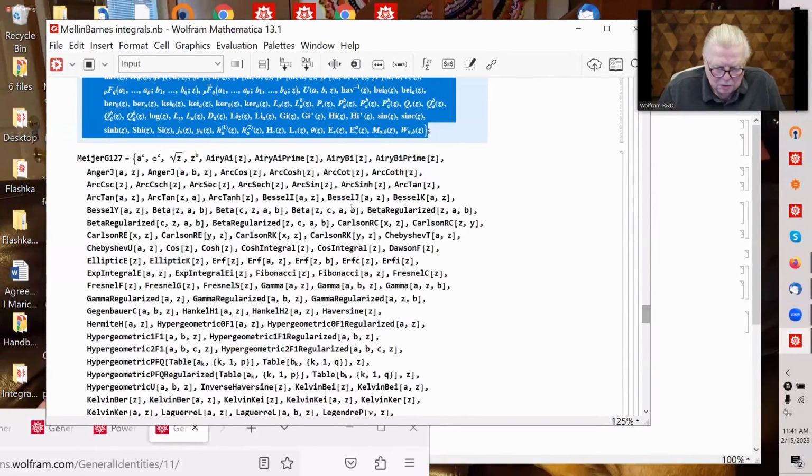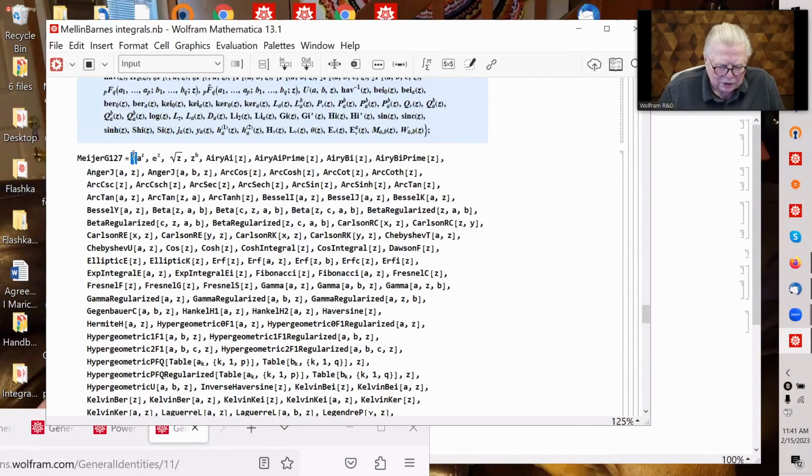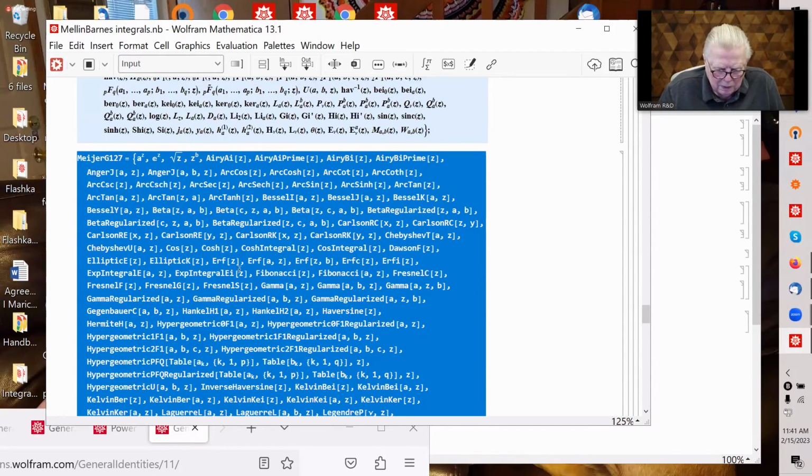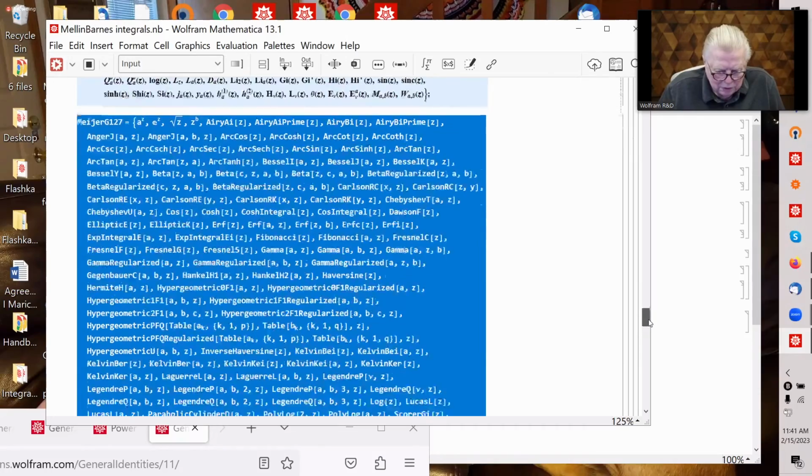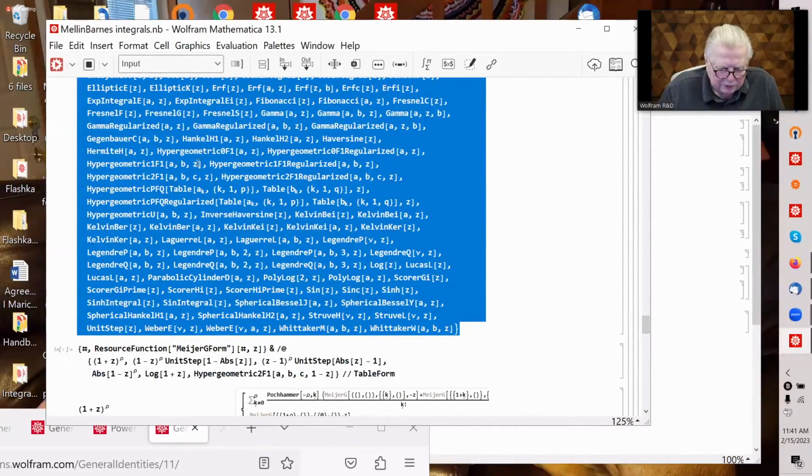Now, you see, Bessel function, I give list in standard form also. Fresnel, cosine integral, hypergeometric functions, Legendre, polylog, Whittaker.